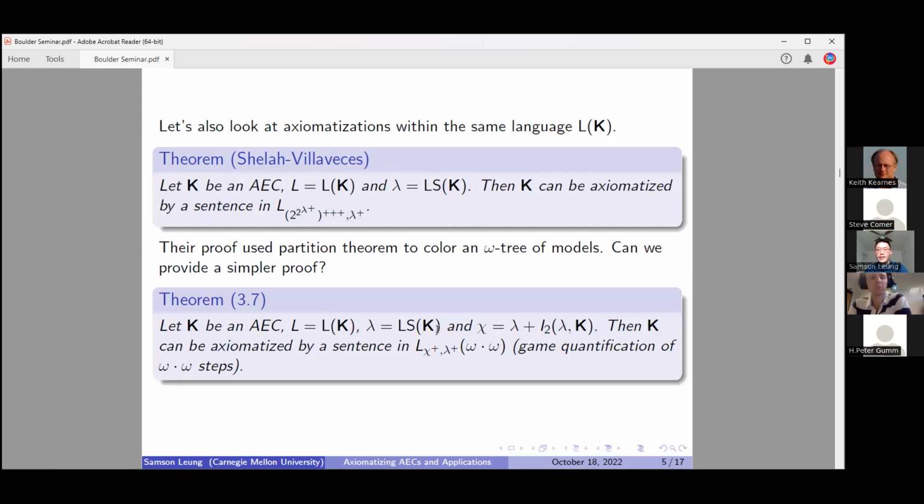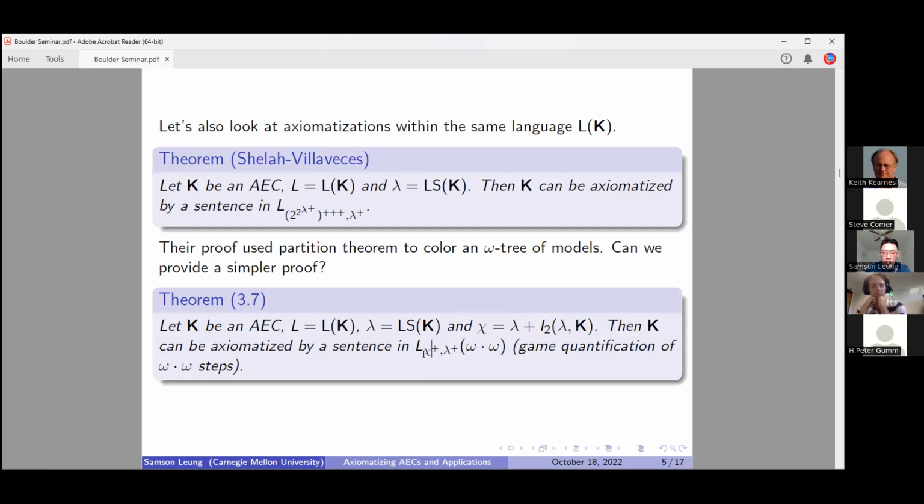Again, we have the same assumptions here. And then we have the same chi, which is lambda plus, I2. This time I can axiomatize it by a sentence in this logic. So let's forget about the brackets later on. As I mentioned before, chi is bounded above by 2 to the lambda.